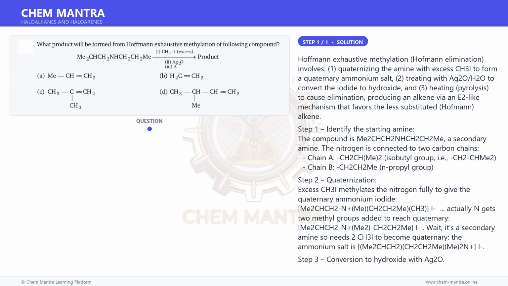D. CH3CH(Me)CH=CH2, 3-methyl-1-butene, would come from elimination at the terminal position of the isobutyl chain, but the isobutyl group's structure has no beta H on the terminal side that would give this product under Hofmann conditions.